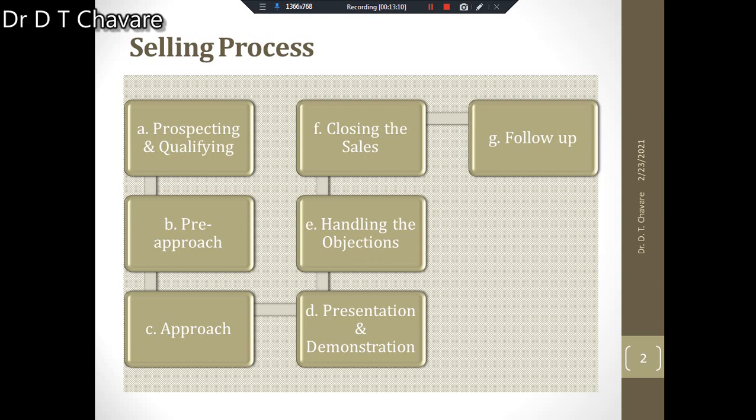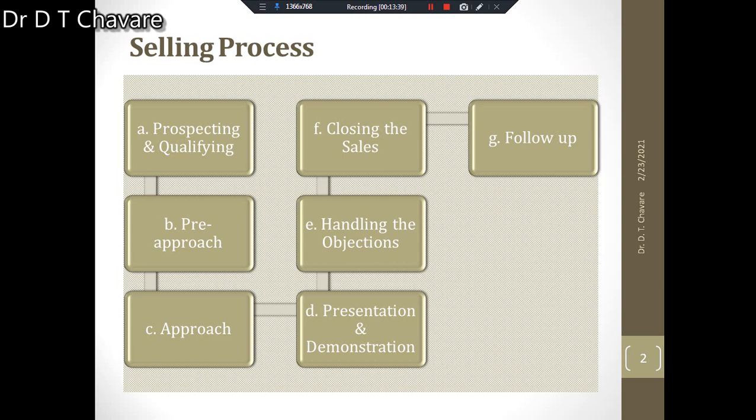So a salesman should encourage the customers to speak out about the product, doubts, objections, queries, and problems, and should treat objections as an opportunity to provide more product information, converting the objections into reasons for the buyer to buy. This is a very important stage in the sales process.